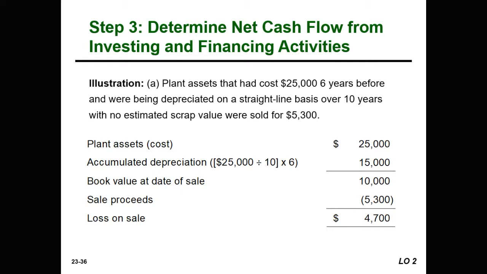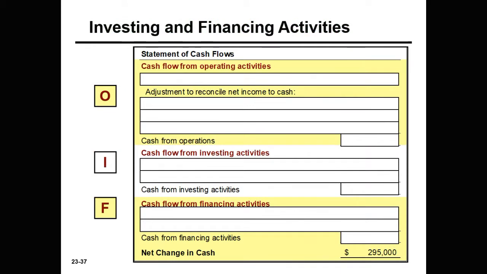We take that $25,000 and divide it by 10, and then we multiply that by 6 to determine how much accumulated depreciation is on the books currently. With plant asset costs of $25,000, accumulated depreciation at 15, there's book value of 10. We received $5,300, so that means that we incurred a loss of $4,700.